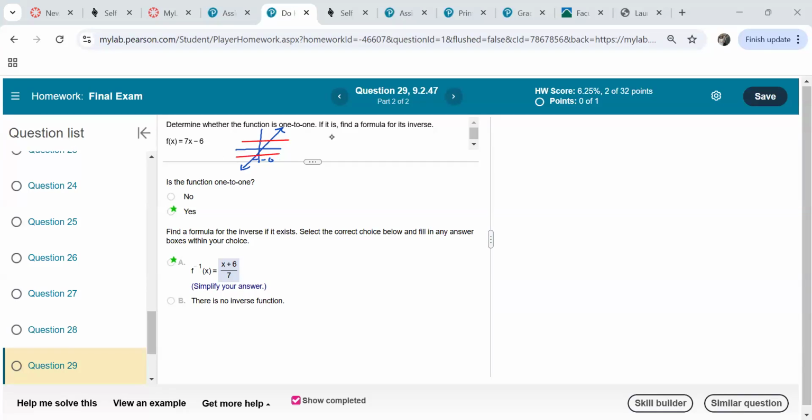So it's a one-to-one function. f(x) is one-to-one. So because it's one-to-one, that means f(x) has an inverse function.